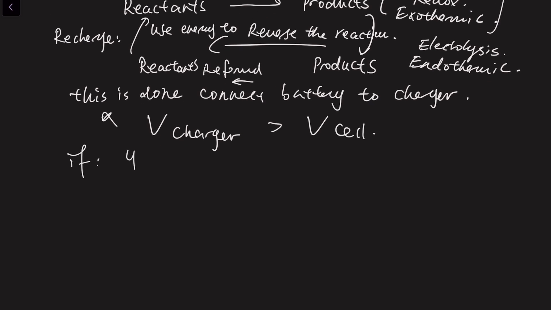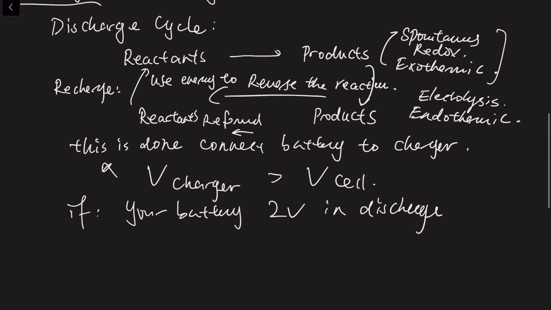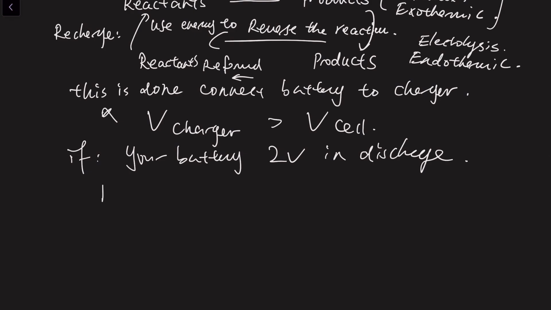If your battery can generate 2 volts in discharge, so it can produce 2 volts of energy when it is undergoing this galvanic cell reaction, then when recharging, the voltage needs to be greater than 2 volts.